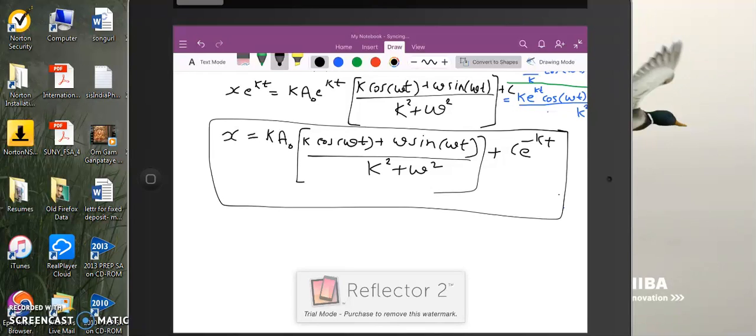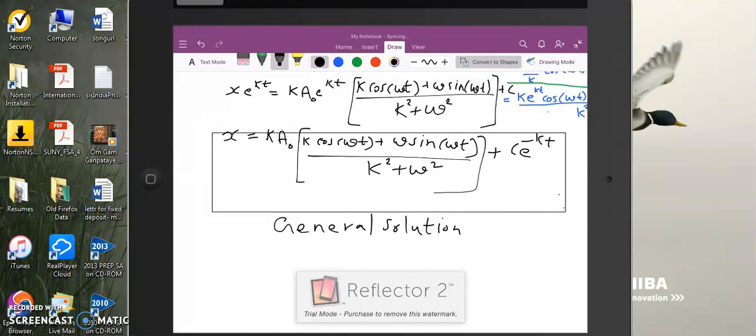This will be our general solution. So this is our answer for part A.